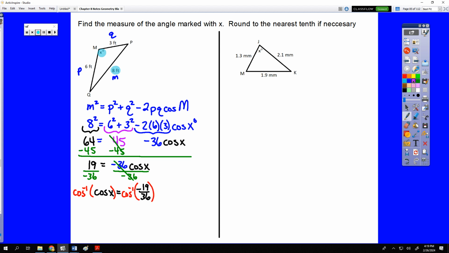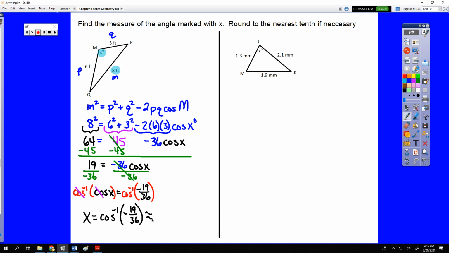Because cosine and arc cosine would cancel each other out, leaving us with x is the arc cosine of negative 19 over 36. So we're going to feed that into our calculators. Again, to get arc cosine, we hit second cosine. Then we're going to type in negative 19 divided by 36 and hit enter.